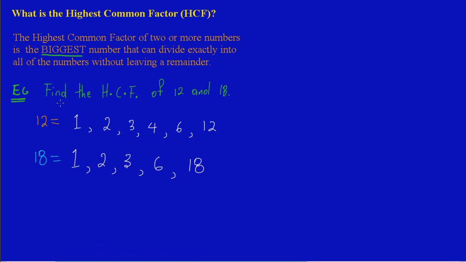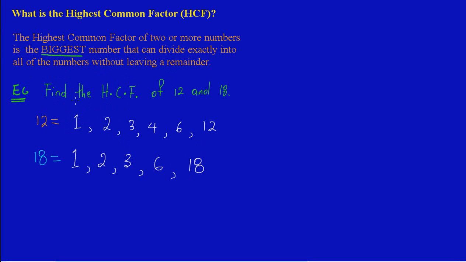Now the highest common factor, as we have stated, is the biggest number. So we're really looking for the biggest number that can go into both numbers without leaving a remainder.